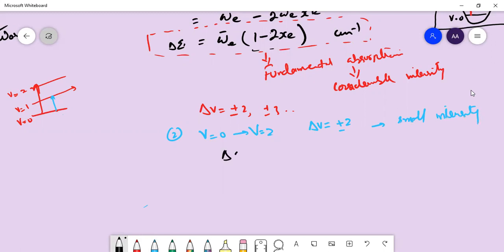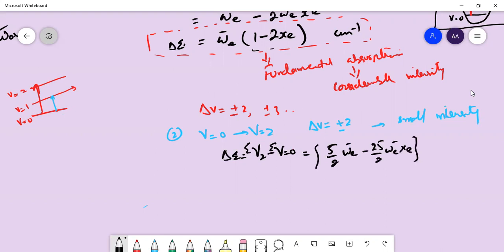So the delta E becomes E2 minus E0. I have the value of energy level 2, which is 5 by 2 omega e bar minus 25 by 2 omega e bar xe.